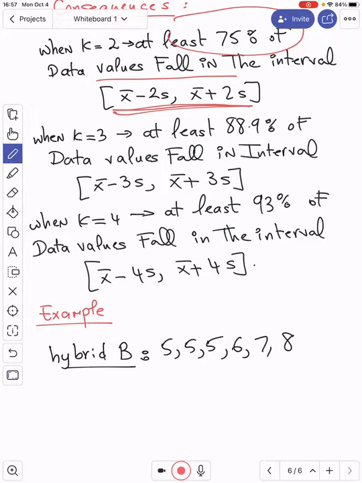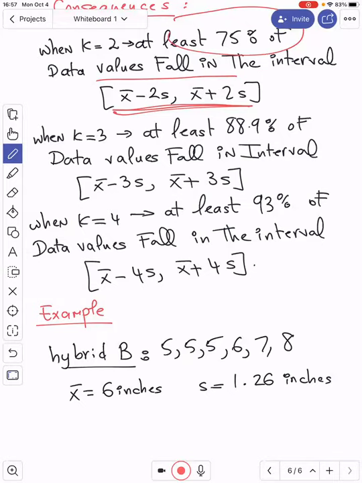And we said the x bar is 6 inches, and s, the standard deviation, is 1.26 inches. Thank you, I appreciate it. All right.